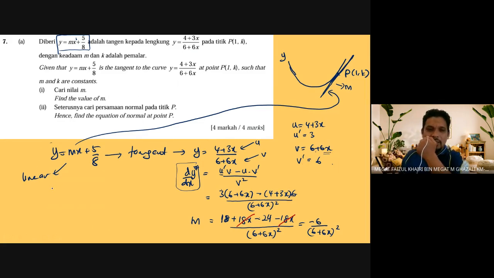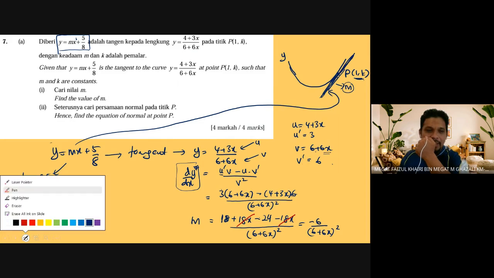So let's say when given a curve, quadratic, cubic, whatsoever, once you differentiate dy/dx, it actually gives you the gradient of the curve. Then, using the point 1 and k, it will give you the line of tangent to the curve.